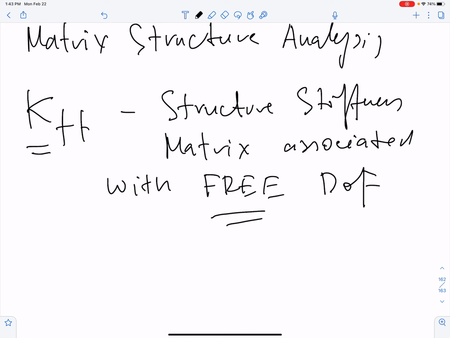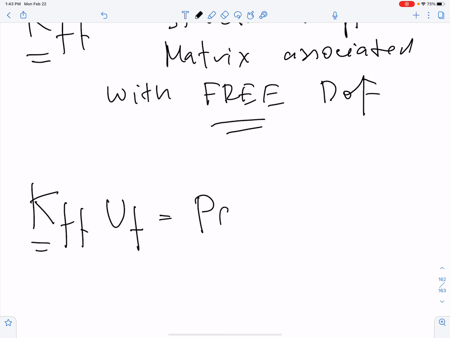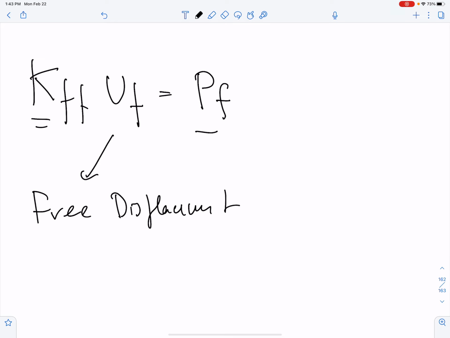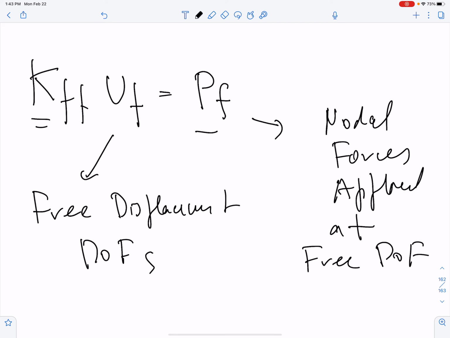Okay, and we saw how to develop equations of the form KFF UF equals PF, where these are the free displacement DOFs, right, and these are the nodal forces applied at free degrees of freedom.